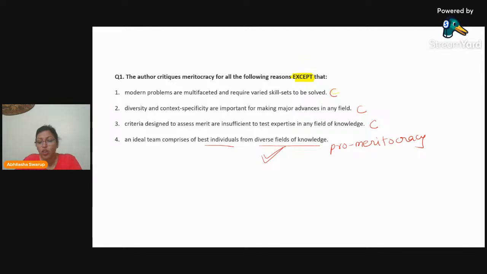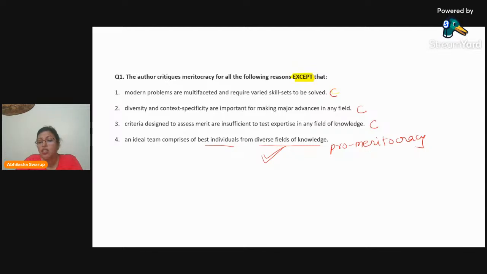Let's see if you guys got this one as the correct answer. I will check. Yes, guys. Anyone got this as the correct answer? Okay, Samrat has got one.